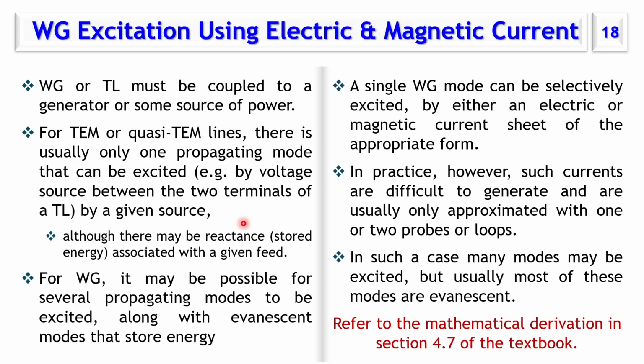Now I'm just going to talk about a related topic, which is how waveguides are excited. For a transmission line, or a two conductor waveguide like a coaxial cable, exciting them is straightforward.